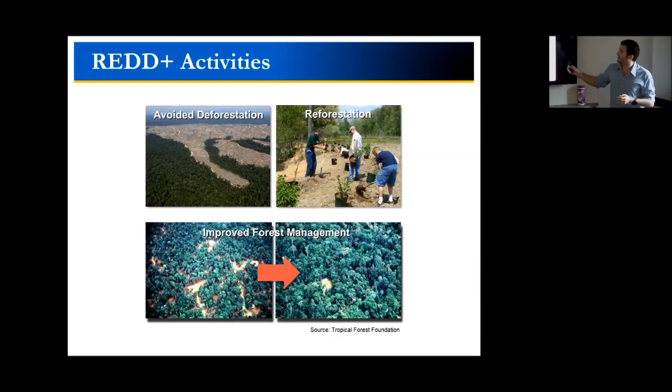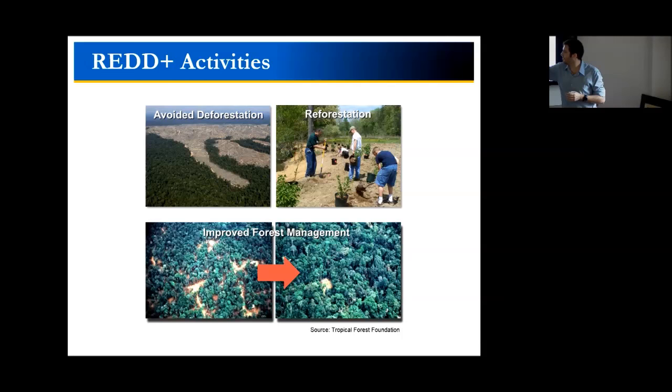All right, and these are, for instance, some REDD activities. So avoid deforestation, arguably reforestation. Some people say that this is actually not part of REDD+, but according to the official documents from the United Nations, this is arguably considered part of REDD+. And you can also have activities such as improved forest management.